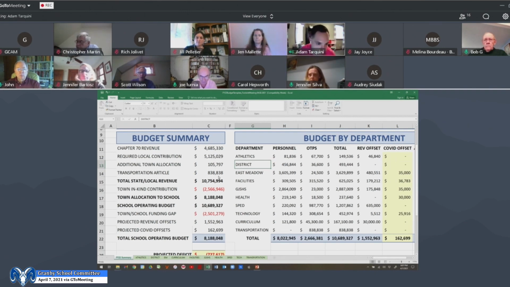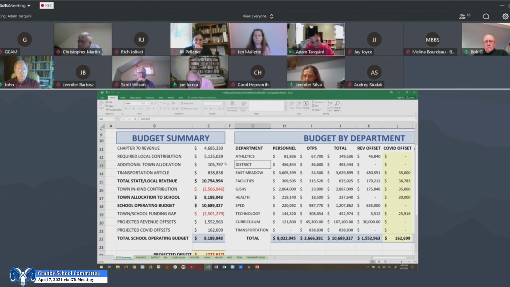So again, we'll go over this budget summary and then we can discuss or answer questions. Obviously pretty self-explanatory. We have our preliminary Chapter 70 revenue. That's from the first iteration of the governor's budget that he released back in January. The next line, our required local contribution, is a formula from the state level.